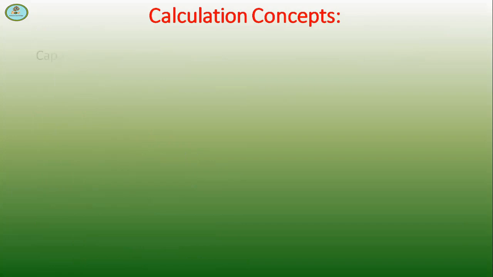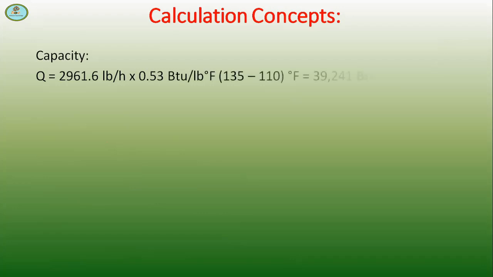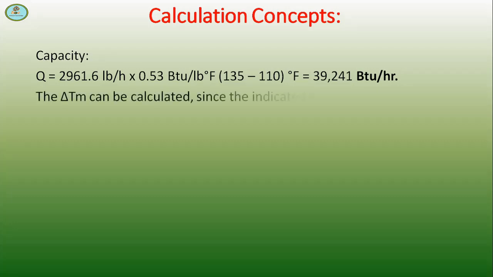2961.6. So capacity calculation, Q is equal to 2961.6 into 0.53 into 135 minus 110. So 39241 BTU per hour. The delta Tm can be calculated since the integrated heat exchanger area is 8.90 feet square.